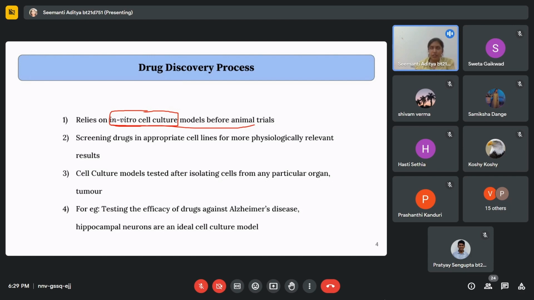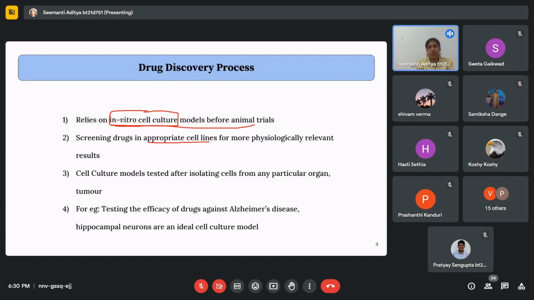If the drugs are against some tumors or some cancer cell line, then it is fine to test it with the continuous cancer cell lines. But yeah, depending upon what requirement we have, we can screen the drugs on the appropriate cell lines.